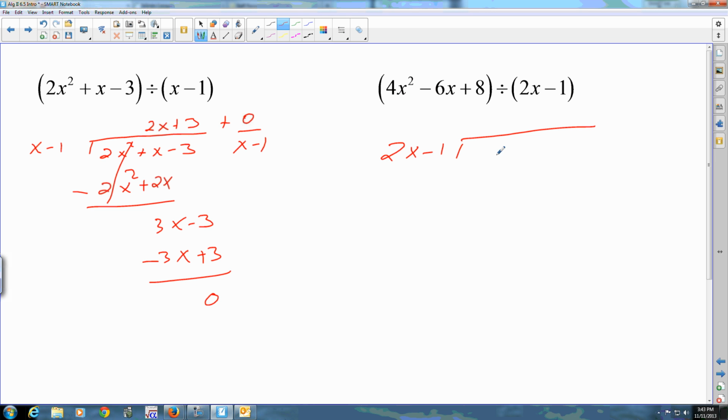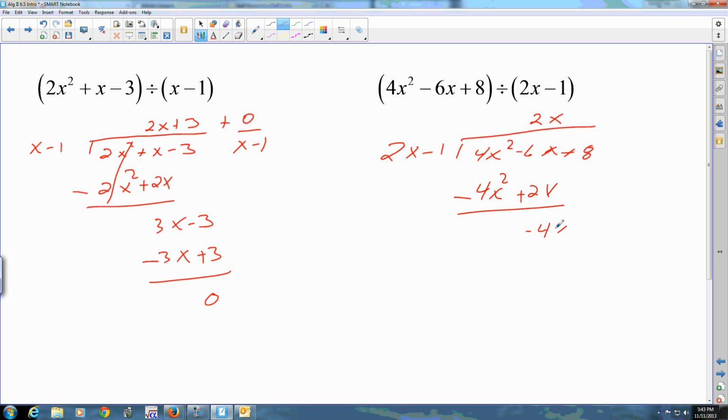2x minus 1 being divided into 4x squared minus 6x plus 8. 2x times 2x is 4x squared minus 2x. Sorry, I made a mistake earlier. Change the signs.